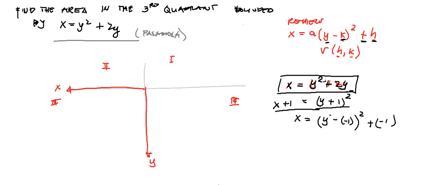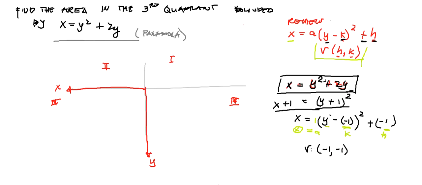By having this form, we have x equal to a, wherein our a here is 1, and then y minus our k, which is negative 1, plus h, which is also negative 1. This is our h. So we can now determine our vertex (h, k): our h is negative 1, as well as our k is also negative 1.